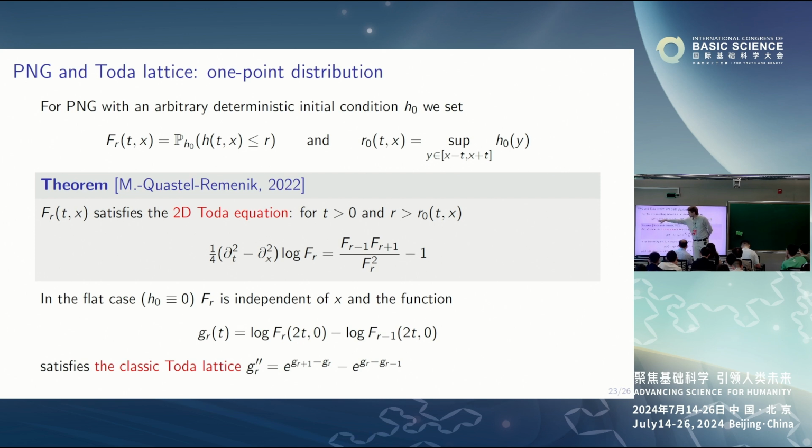So this is our function f, which depends on 3 parameters: time, space, and r, which is the value in the distribution function. Then what we can show is that in a suitable region, this function is a solution to this PDE. So this PDE is a known classic integrable system, which is called the 2D Toda equation.